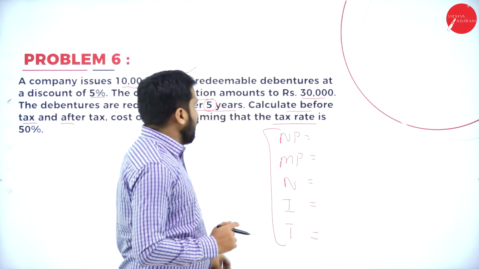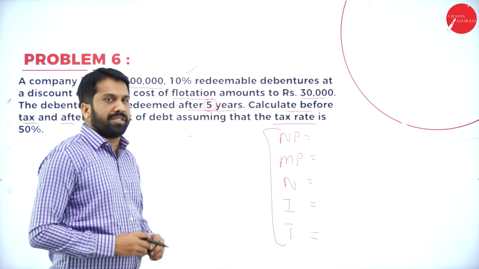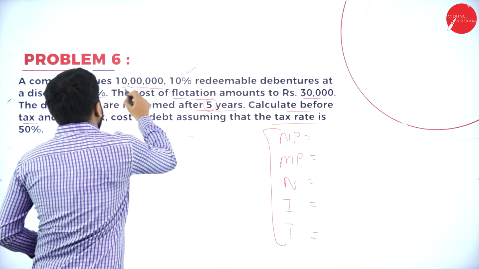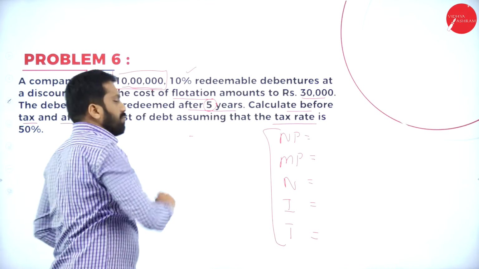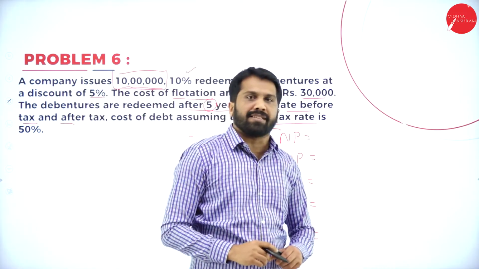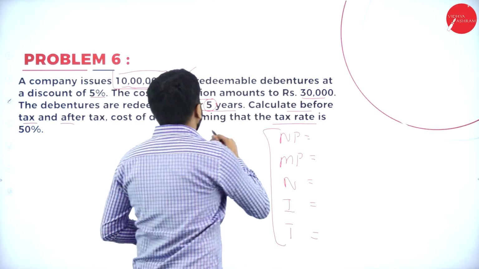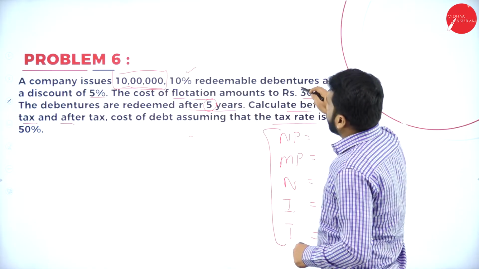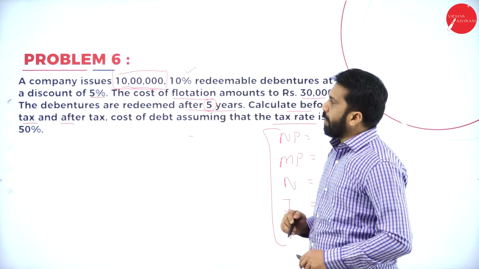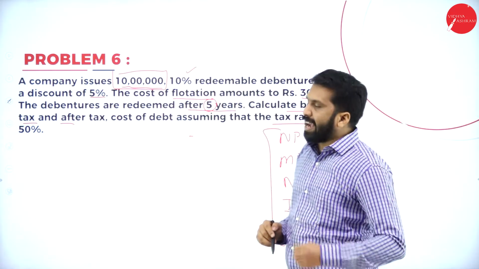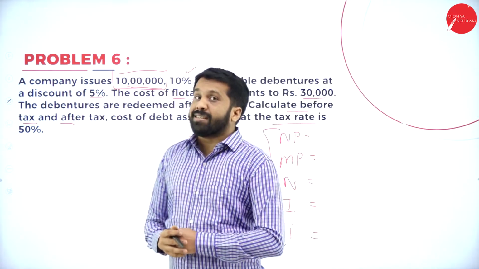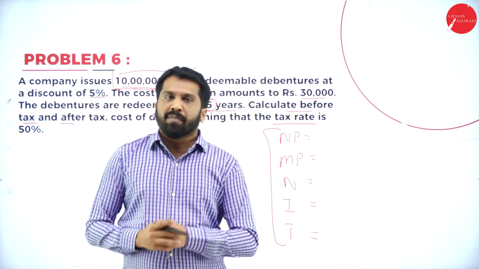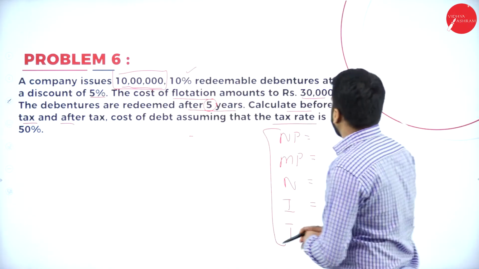Now, as per NP, net proceeds, the issue price of a company we call net proceeds. As per this, we have an issue of 10 lakh, 10% redeemable debentures at a discount of 5%. It is not directly issued at 10 lakh, there is a discount also. Now net proceeds is very simple.